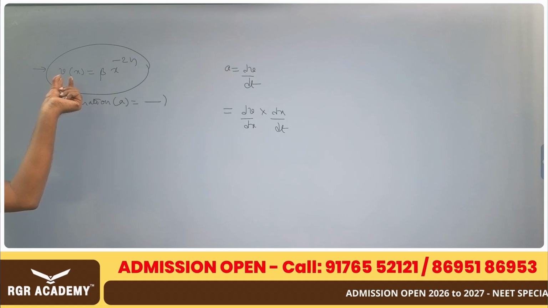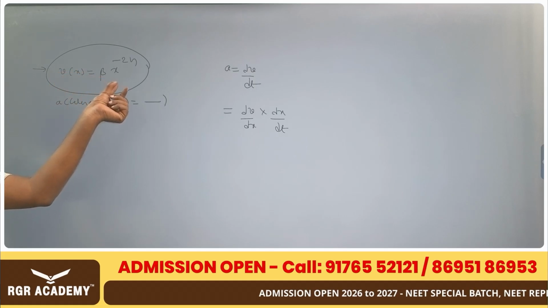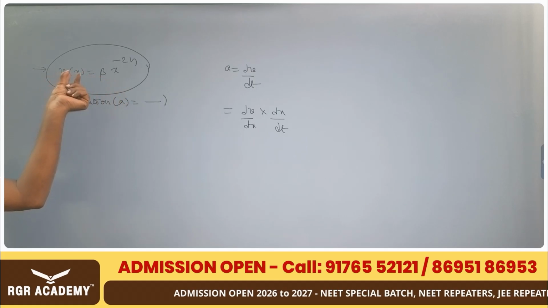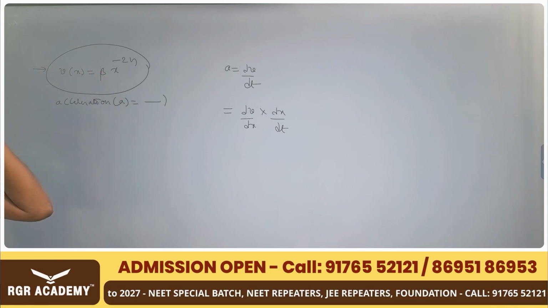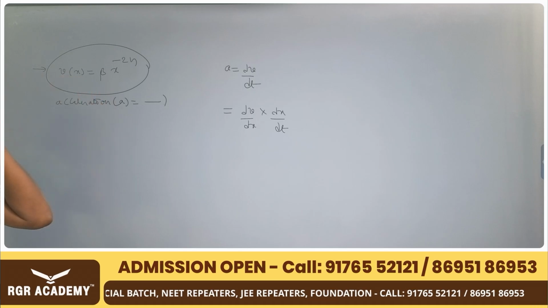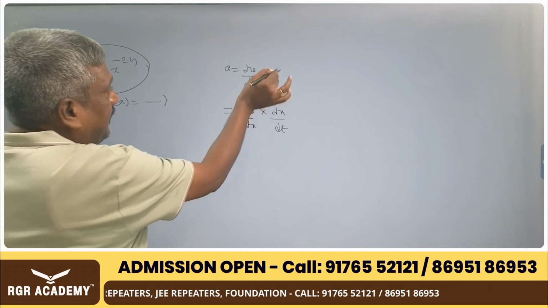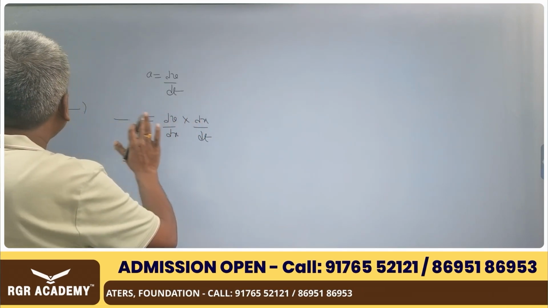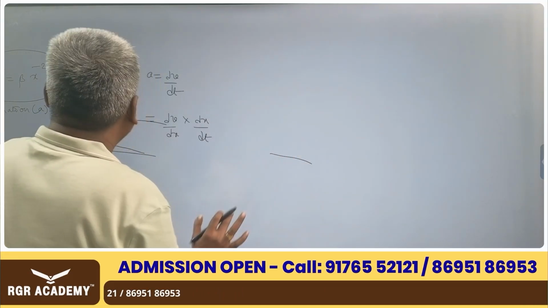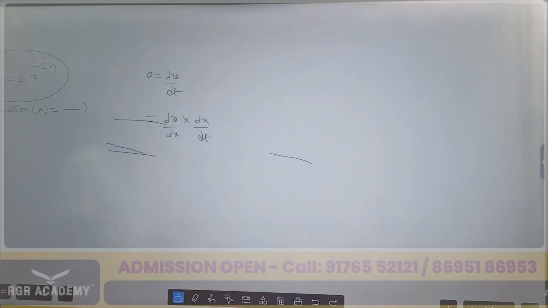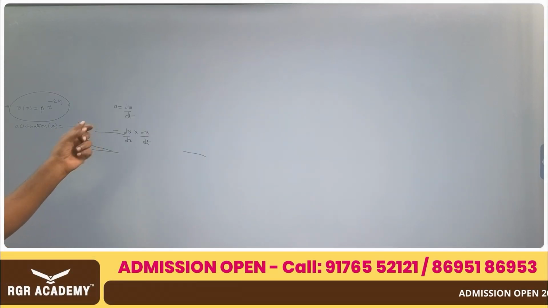Because velocity is not a function of time t. Here velocity is a function of x given. Try to understand that expression carefully. It is a function of x given. But according to the definition, what is acceleration?